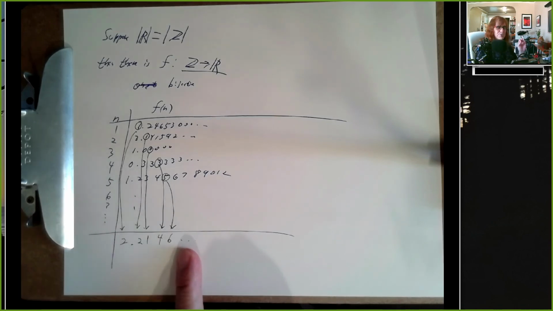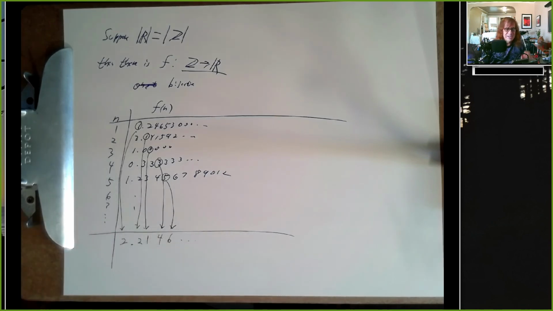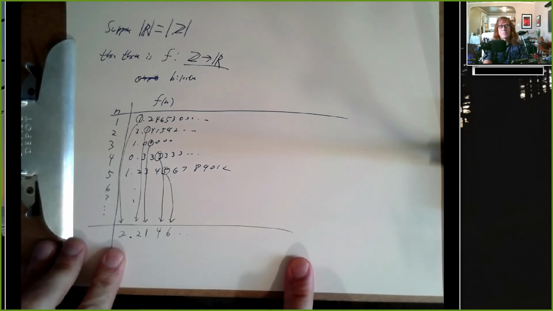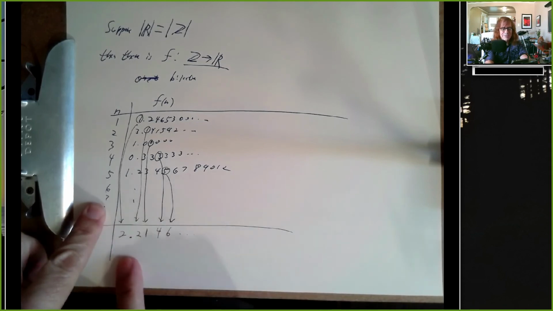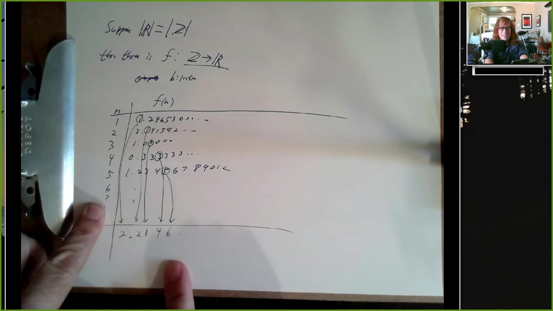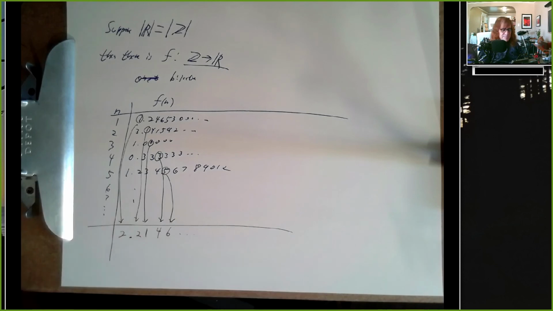There is no integer that can possibly map to this number, because integer n will map to something that is not equal to this number. In particular, the nth digit of f of n will be different from the nth digit of this, by the way I constructed this.